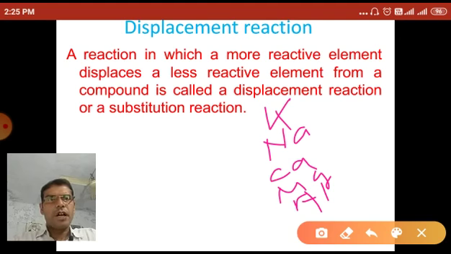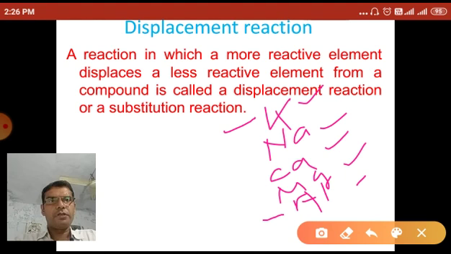So elements are arranged in decreasing order of their reactivity. Potassium is more reactive than sodium. Sodium is more reactive than calcium, and calcium is more reactive than magnesium. Magnesium is also more reactive than aluminum. So potassium is most reactive and aluminum is least reactive.